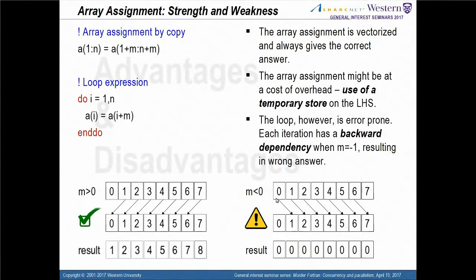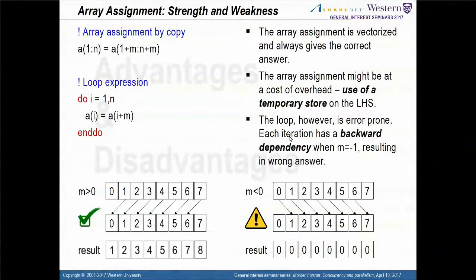As opposed to here, when m is less than 0, then we have some backward dependencies. For instance here, we want to replace 1 with 0, and then 2 with 1. Because we already changed the value in location 1 with 0, when we attempt to replace the value 2 with the value in location 1, essentially we're taking the new value and putting it here, and this is the result. And this is perhaps not what we want.